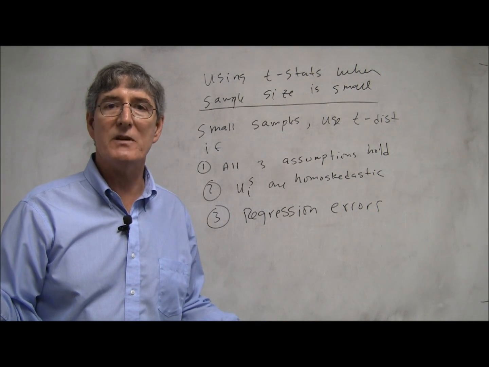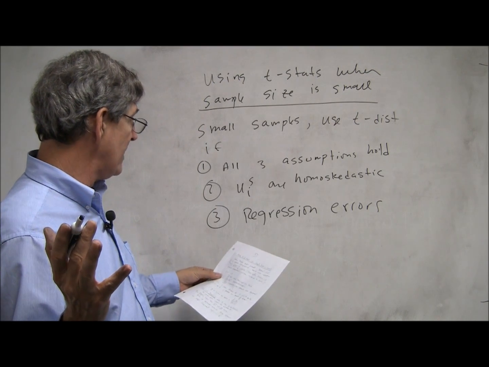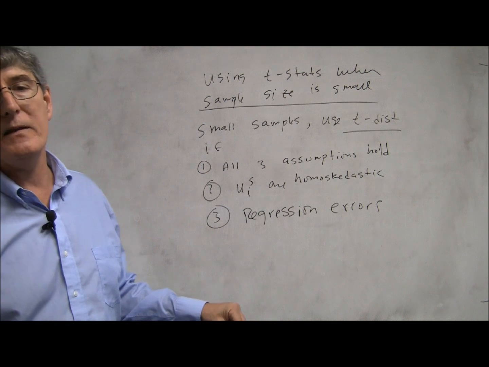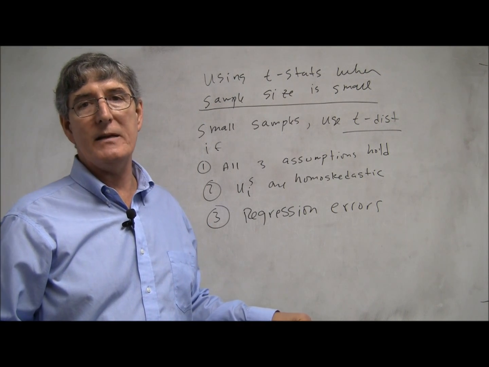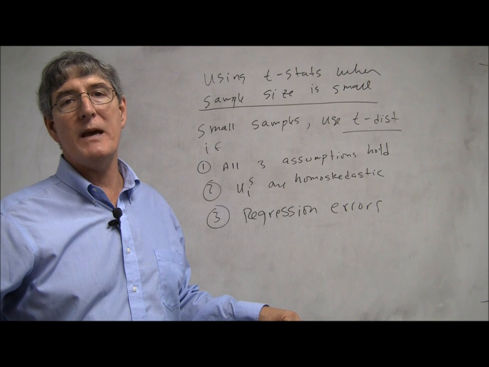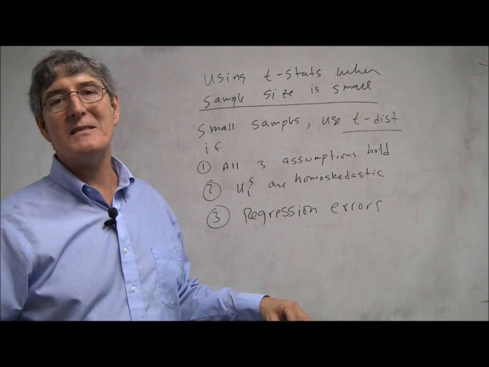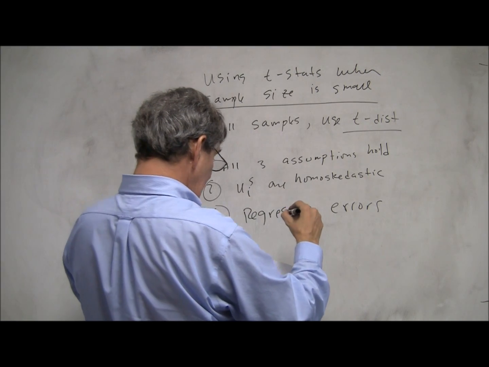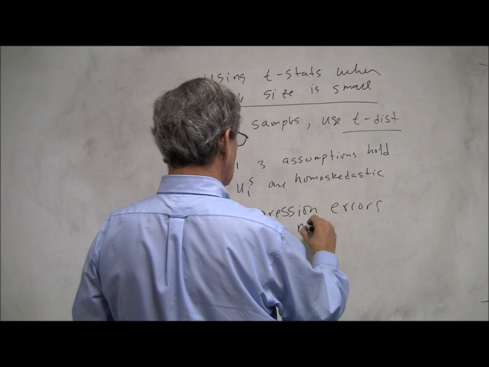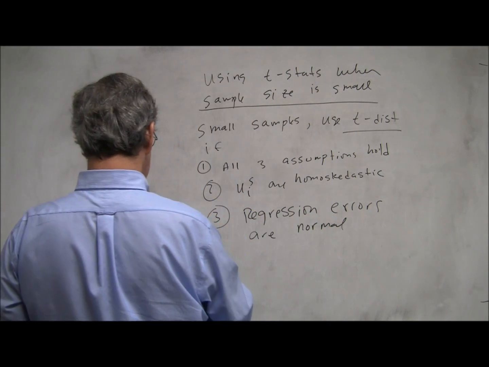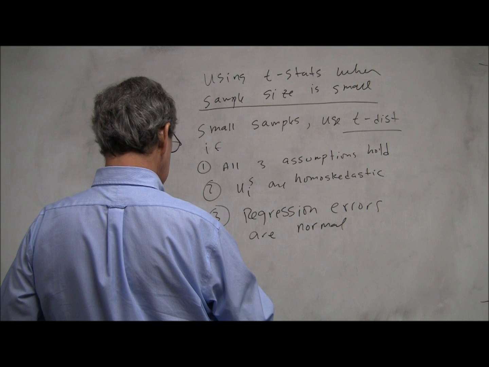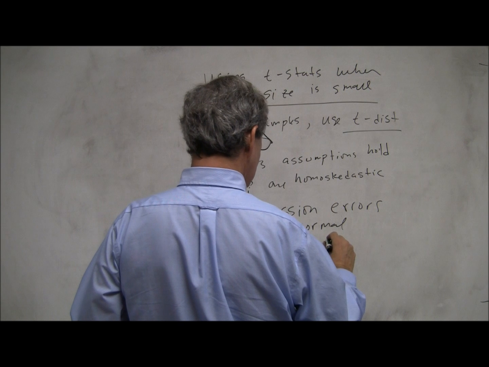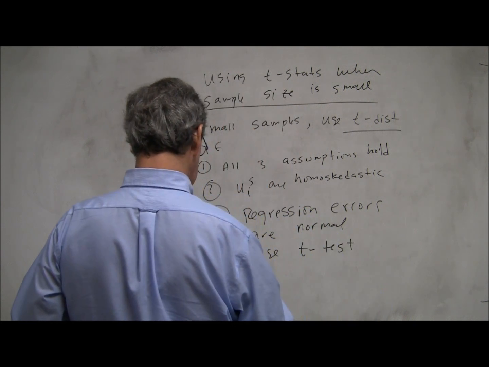We just haven't made any assumption about what kind of distribution the errors have. But in this case, if we're going to use a t-distribution rather than rely upon the large sample properties, the normal approximation, the law of large numbers, then the regression errors have to be normal. Then you can use the t-test, that is the t-distribution.